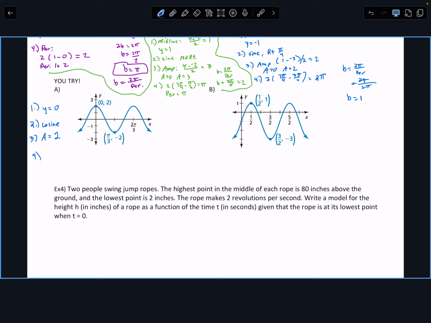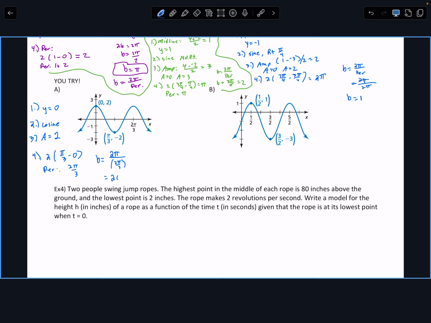And then fourthly, the period: you need to look at the x values between consecutive max and min, find the distance between those, and double. And so the period is 2 pi thirds. And you find the value of b by taking 2 pi divided by the period.